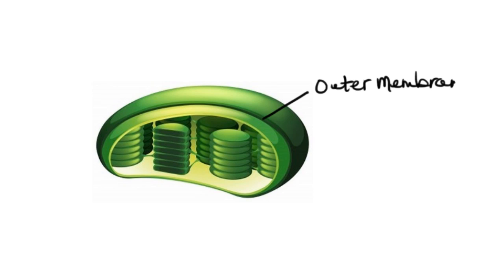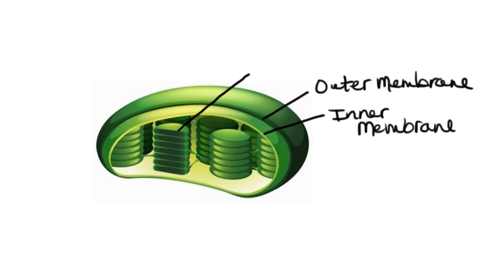Just inside that is the inner membrane. The third membrane is located around these discs, which we call thylakoids, so we call that the thylakoid membrane. Those are our 3 membranes.